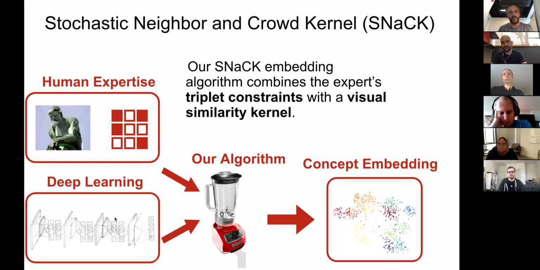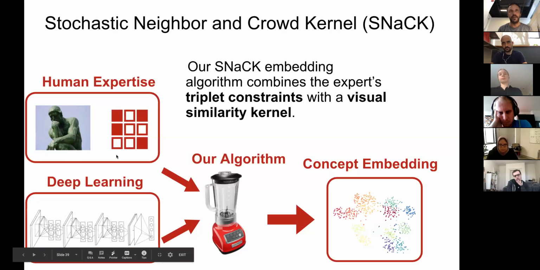What we're doing with the SNaCK algorithm is adding something to this cost function based on human expertise. So that pathway is represented by something called t-STE, which is Student t-Distributed Stochastic Triplet Embedding. So think of it as the sibling of t-SNE that works on triplet-based data.